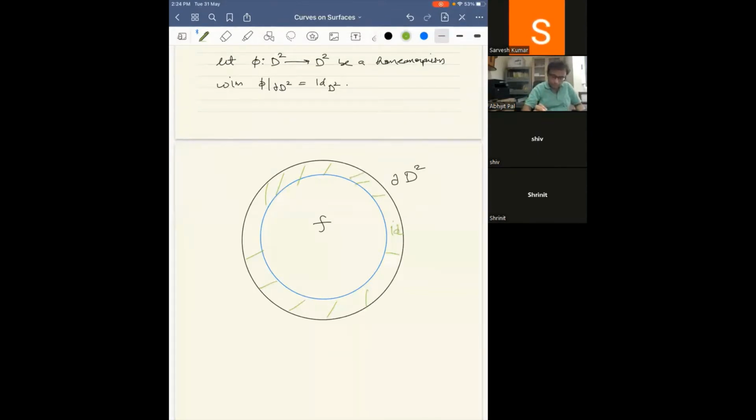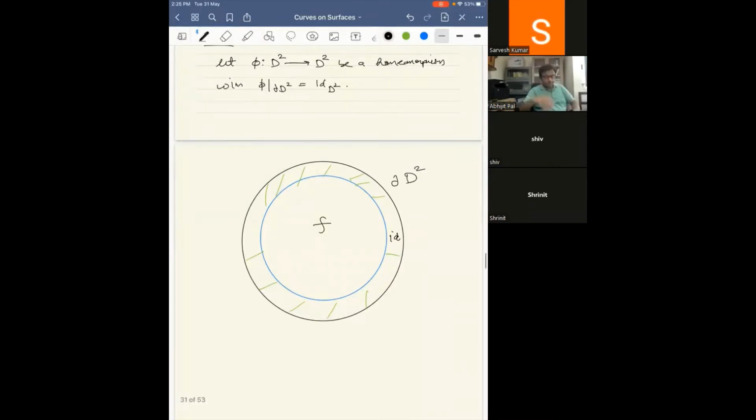Okay. So you stay there, right? And you apply F inside this smaller disk, and then just continue like this, right? So this F will shrink, and ultimately, right, your map is the identity. So that is the Alexander trick, right? So I hope the idea is clear.